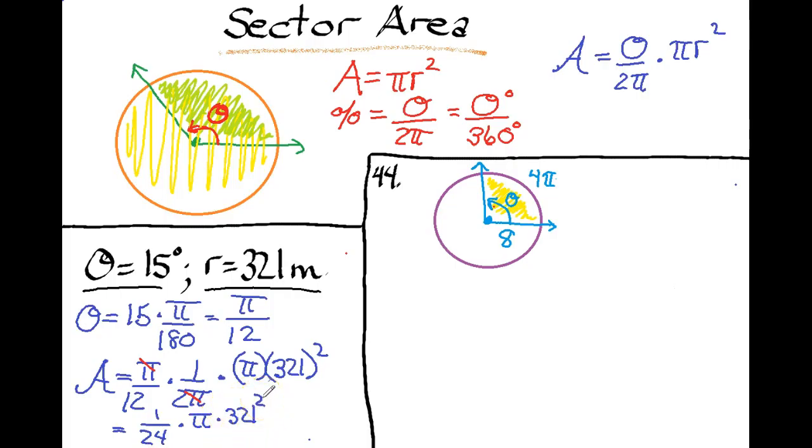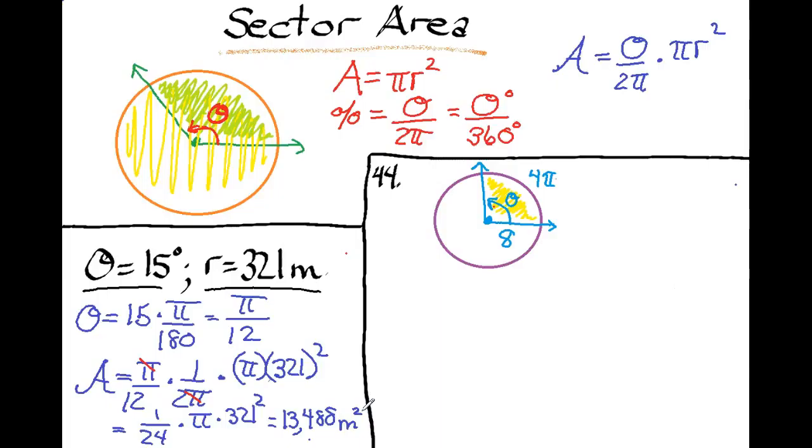So when we plug that into our calculator, do your squared first, then multiply by pi, then divide by 24. And you can see that it covers approximately 13,488 square meters.